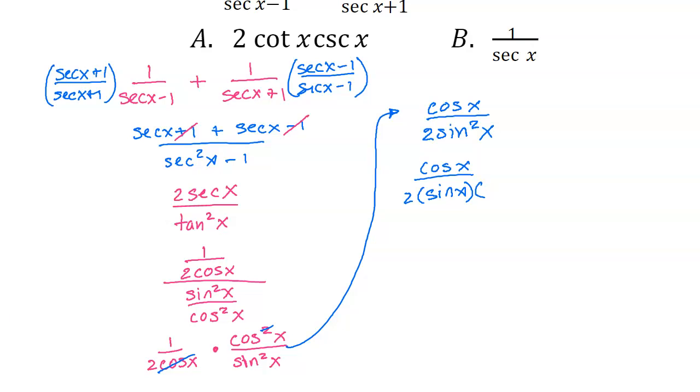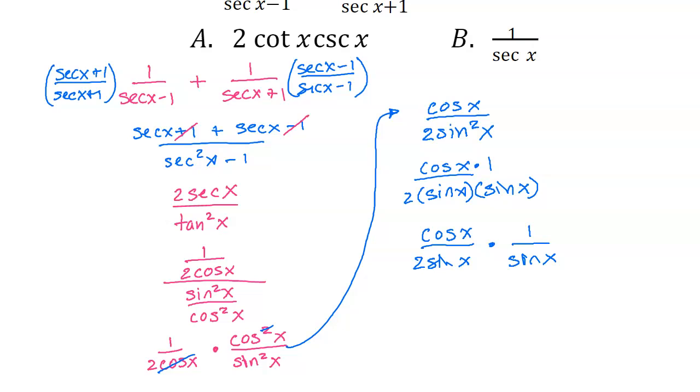Understanding this allows me to better see that I can split this into 2 separate fractions multiplied together. You can split this into cosine of x over 2 sine of x times, anything can be multiplied by 1, so times 1 over sine of x.